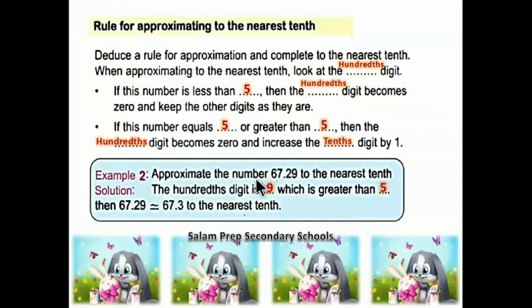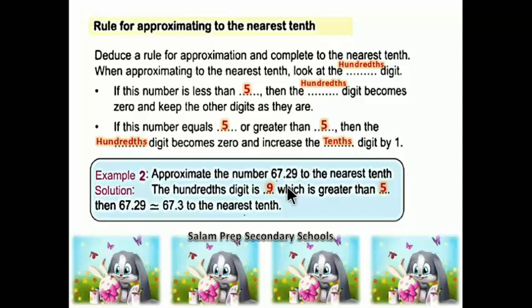Example 2 for you. Approximate the number 67.29 to the nearest tenths. Please look at digit in tenths place in decimal part. Digit in hundredths place in decimal part is 9. 9 is greater than 5.